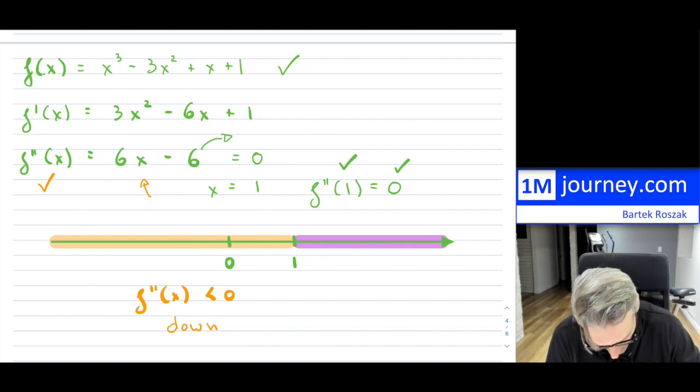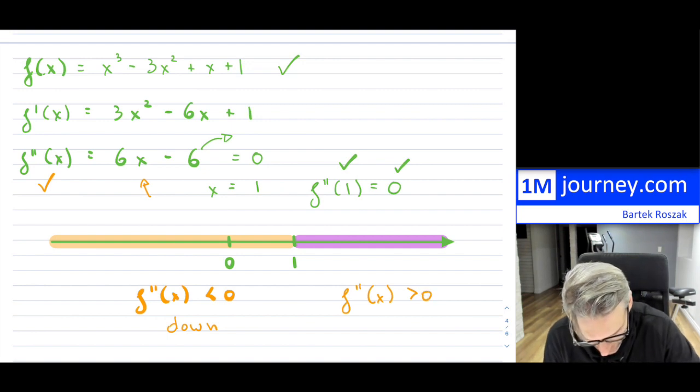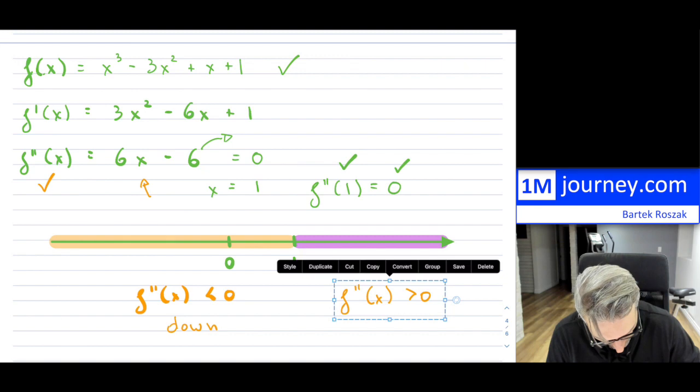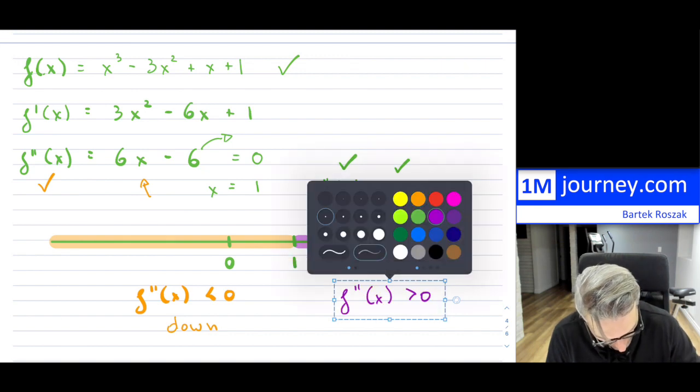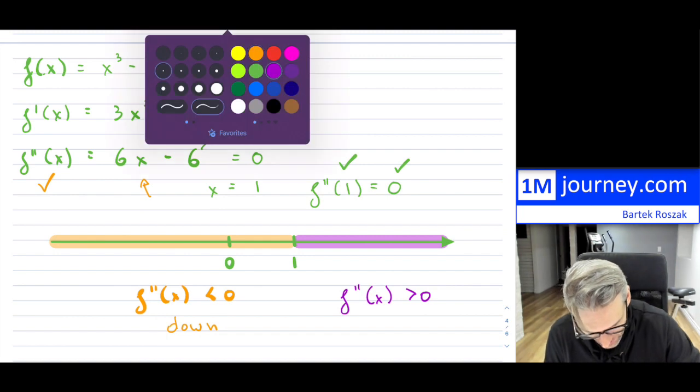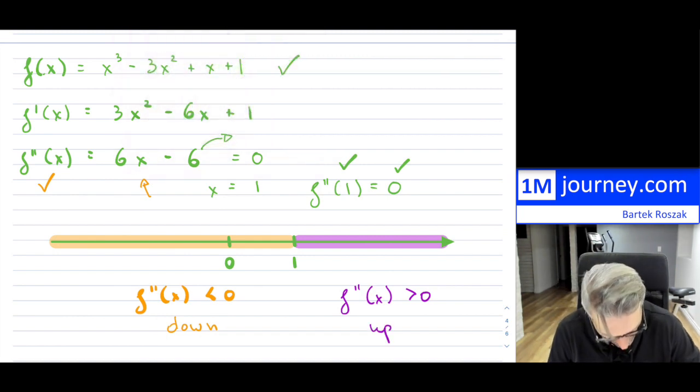So notice that right here, this is f second derivative, and on this side it is actually greater than 0. And maybe I'll put the color as well within here so that it matches. So that means that this in here is concave up.